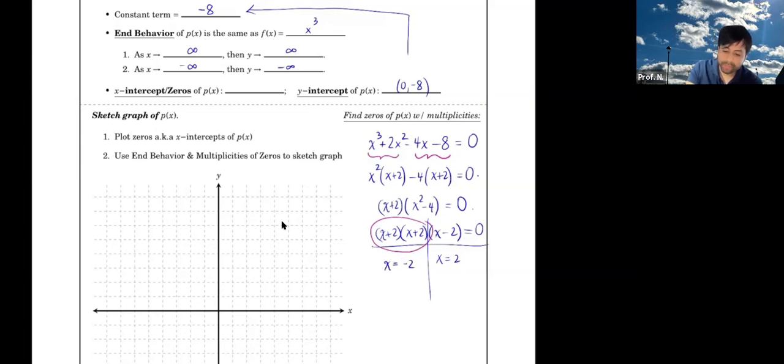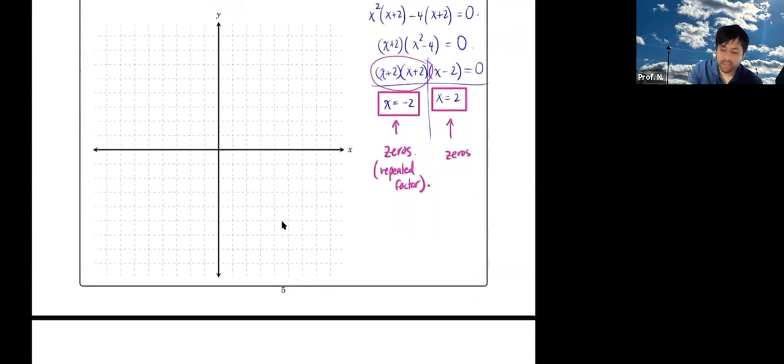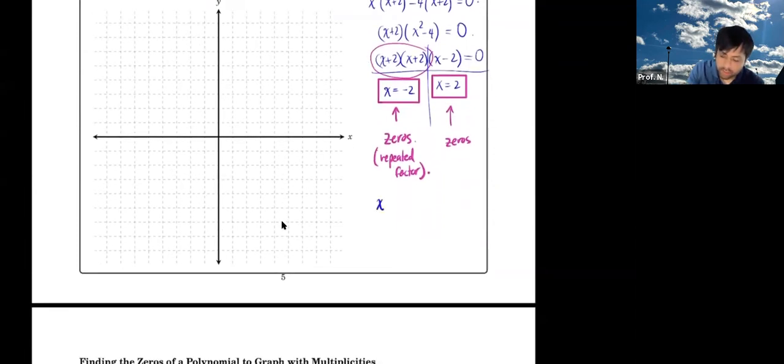We know x equals 2, and we know that x equals -2. We know that these two are the roots, right? Are the zeros. But there's a difference in the nature of these zeros. This has a repeated factor. So actually, we can write this as x plus 2 squared as the factor, and this is going to be x minus 2.